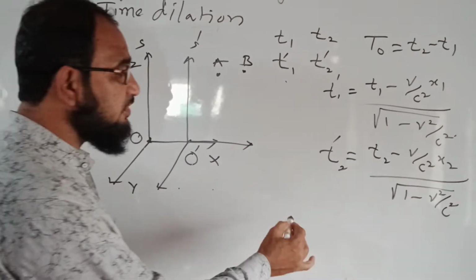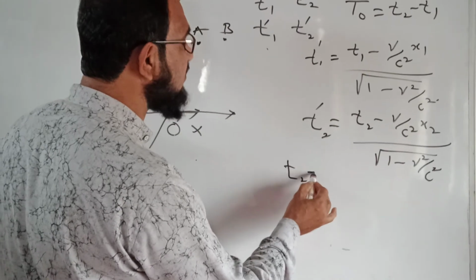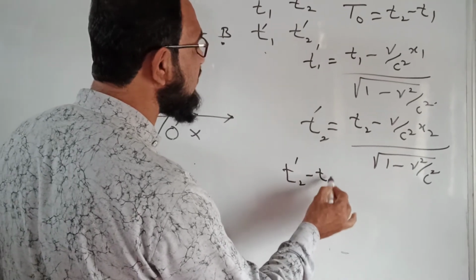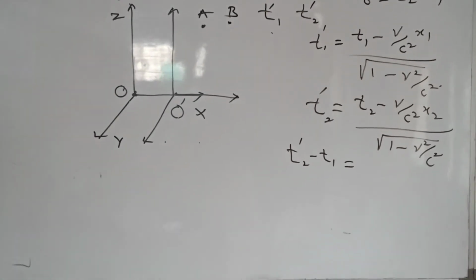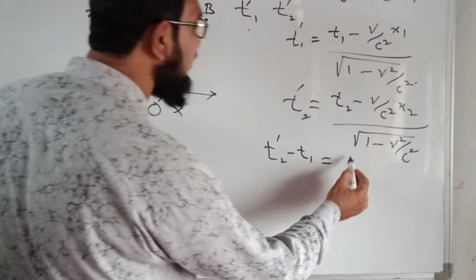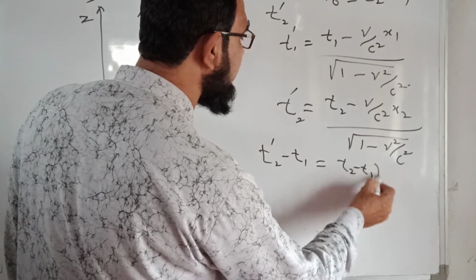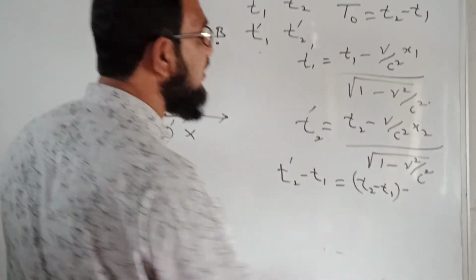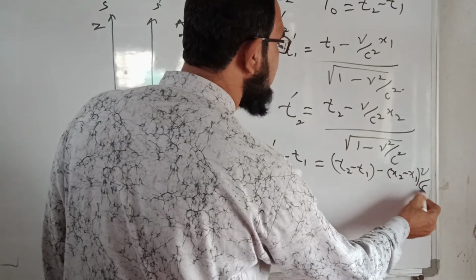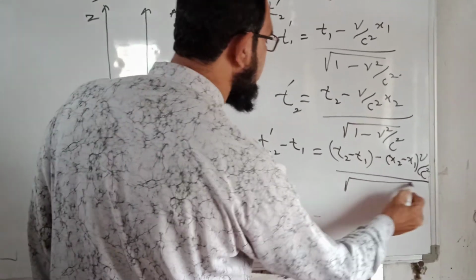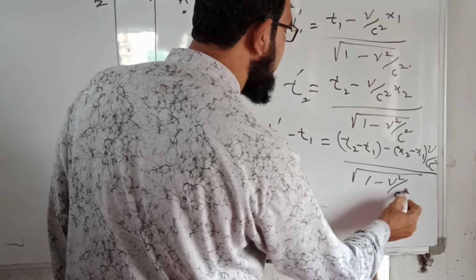Now I will take the difference, T2 dash minus T1 dash, which is equal to T2 minus T1 minus x2 minus x1 into V by C square, divided by root over 1 minus V square by C square.